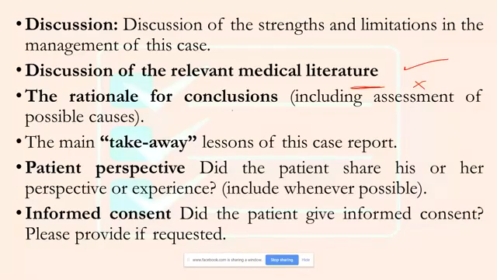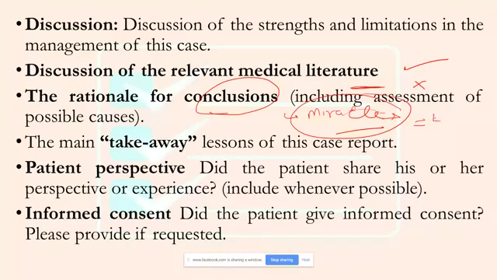The rationale for conclusion: have you done a miracle? Because miracles are not very accepted in the scientific world. So whether it was an evidence-based case. I have not seen any miracles being published in a peer-reviewed journal, be it homeopathic.